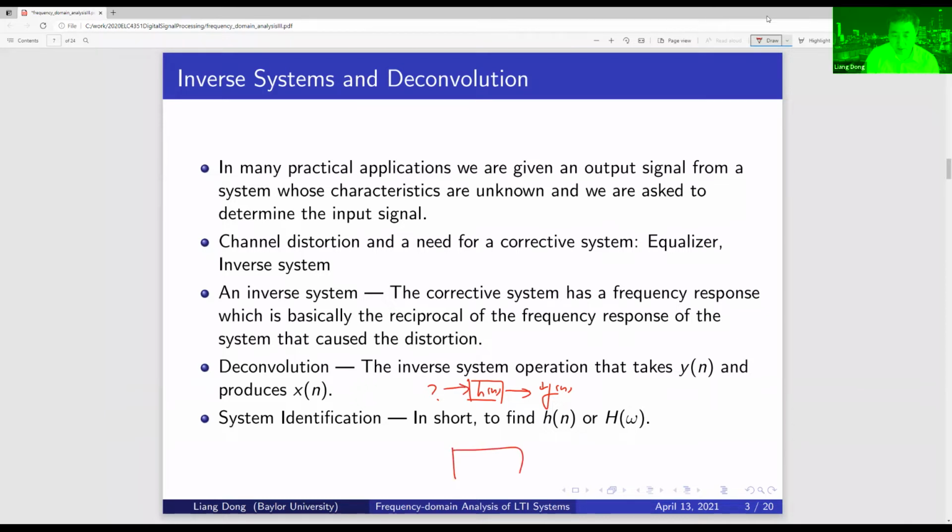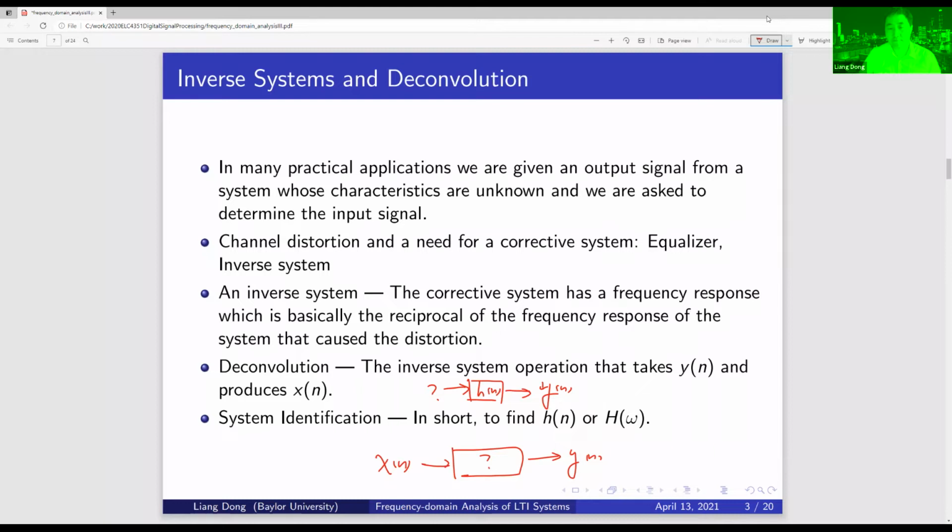System identification is that I observe Y, I know what the signal to the system is, and I want to find what that system is. That is what we call system identification. We have done that before. We're solving for a difference equation. We know the input X, we observe the output Y, and we put everything into a difference equation.